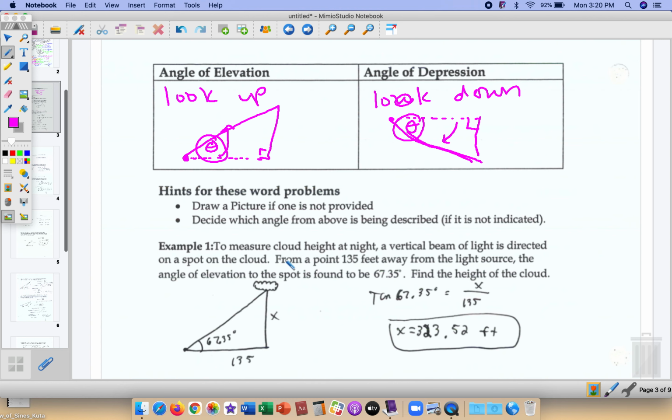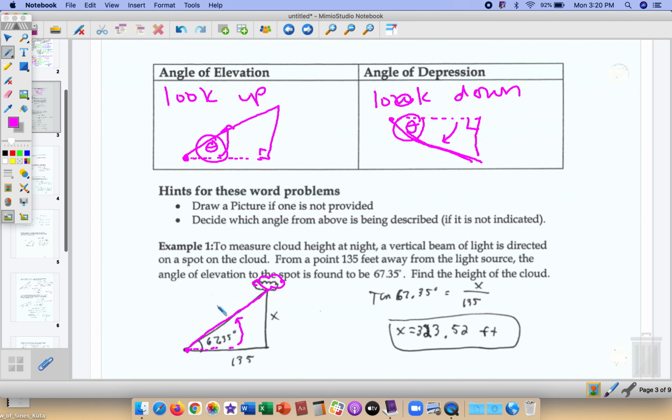So for example 1, it says to measure the height of a cloud, a vertical beam of light is directed on a spot of a cloud from a point 135 away from the light source. The angle of elevation to the spot is found 67.35. Find the height of the cloud. Okay, so you know the cloud is up in the sky. You know that there's some kind of light source. You know that if the light source is beaming up, if you draw a straight line and then swing up to create that beam, you have that line.